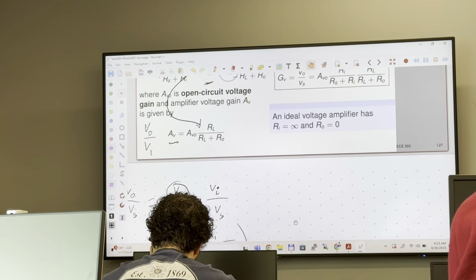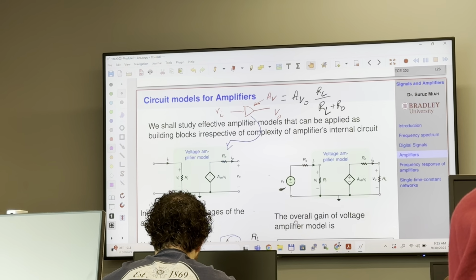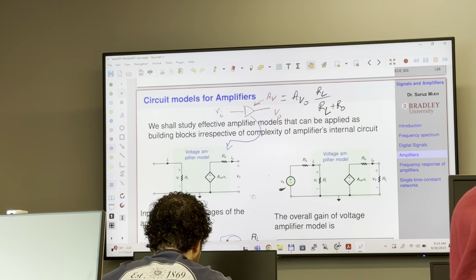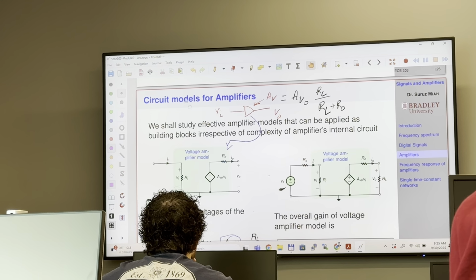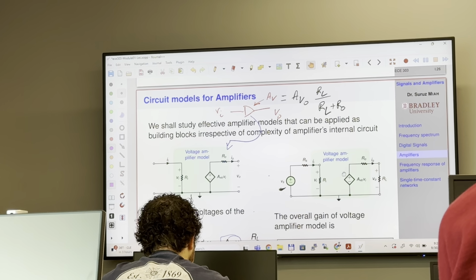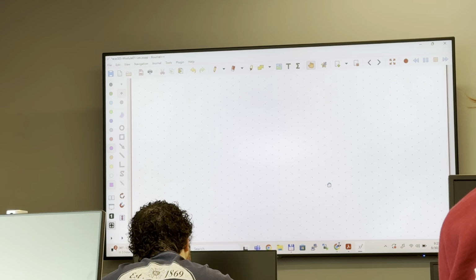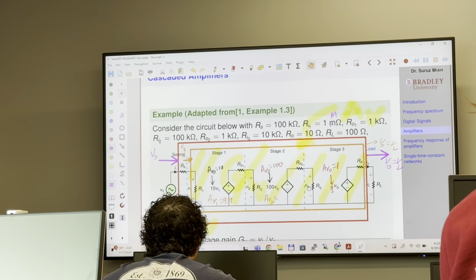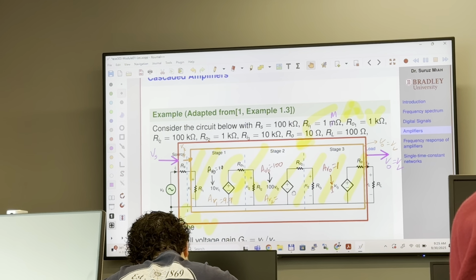Here, the other thing, the most important examples that you should see is related to this amplifier model. And this amplifier model, we went through in class, which is this one. Right? We went through this example. It is example 1.3.